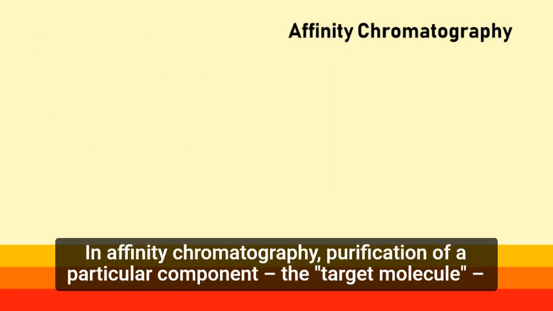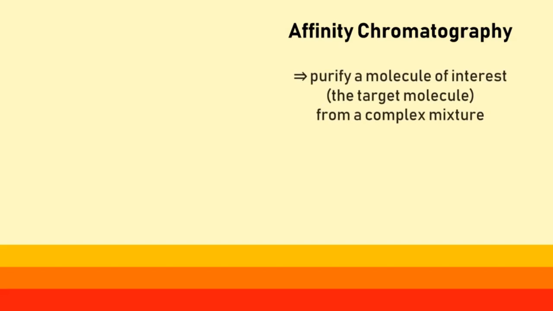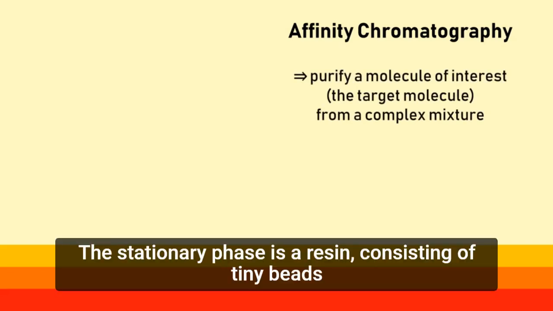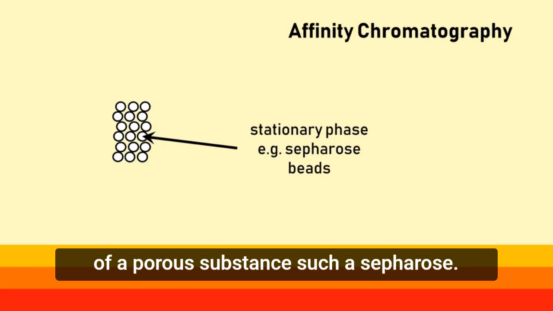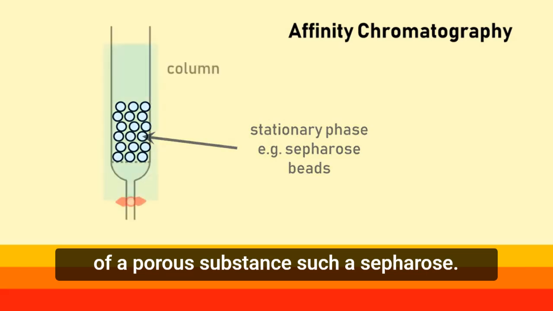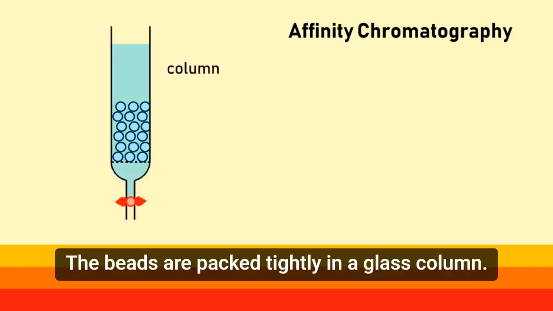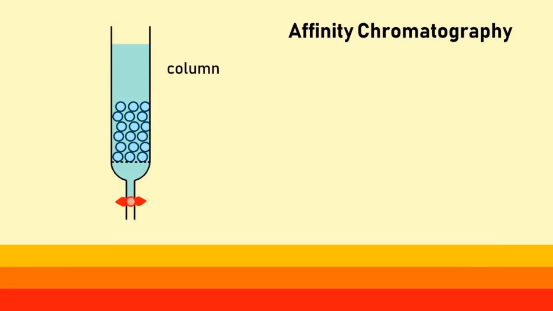In affinity chromatography, purification of a particular component, the target molecule, is the goal. The stationary phase is a resin consisting of tiny beads of a porous substance such as saccharose. The beads are packed tightly in a glass column.